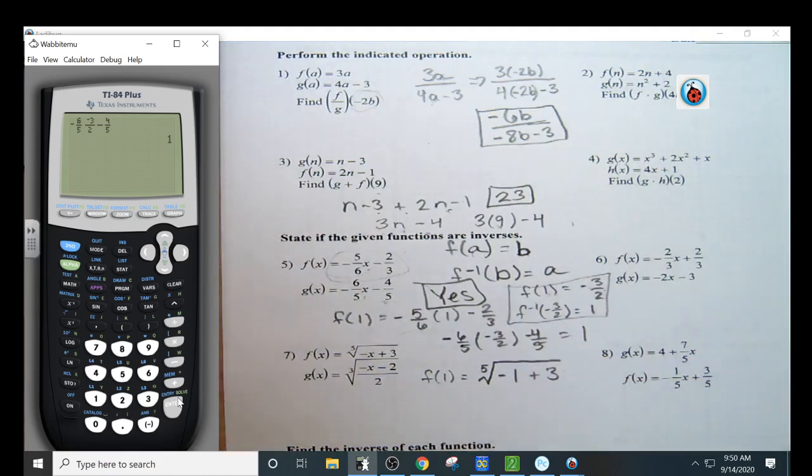So if I go to my calculator, and then I plug in negative 1 plus 3. That gives me an ugly decimal number.